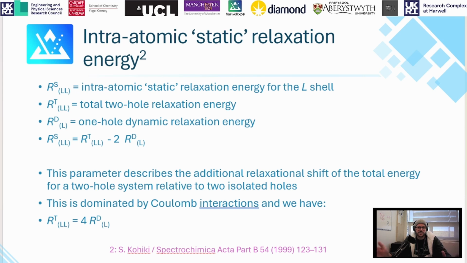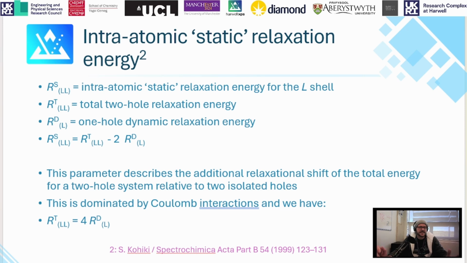Now we can also think of the one-hole system and what the dynamic relaxation energy for the one-hole system might be. Because in that system we have a completely isolated hole, it's not subject to any additional effects from a second hole, unlike the two-hole system.